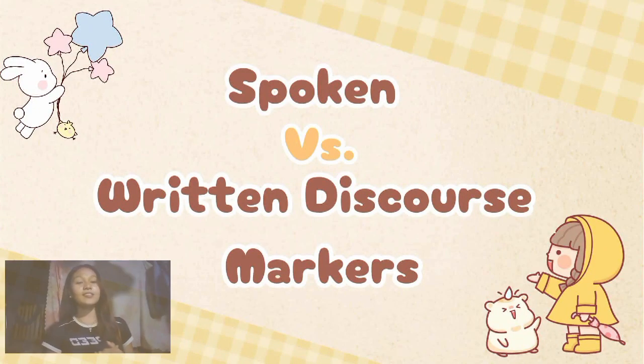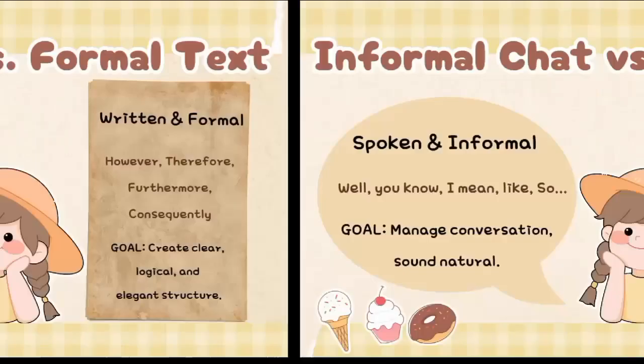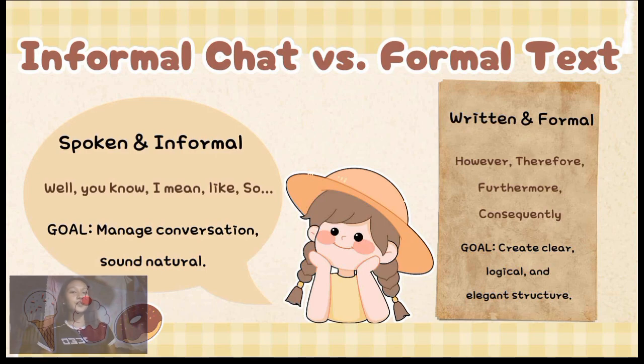So now let's delve into the spoken versus written distinction. It's vital to recognize that the use of discourse markers differs significantly between spoken and written English. In informal speech, we rely heavily on interpersonal markers that help us manage the conversation in real time.